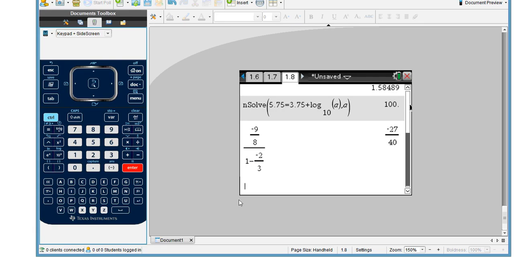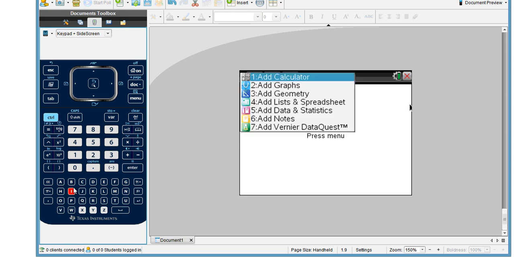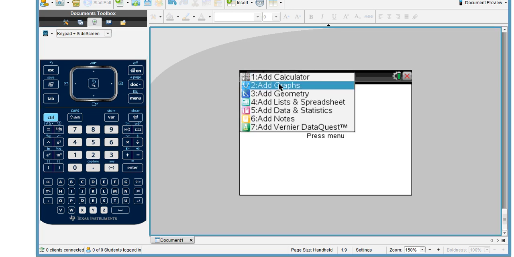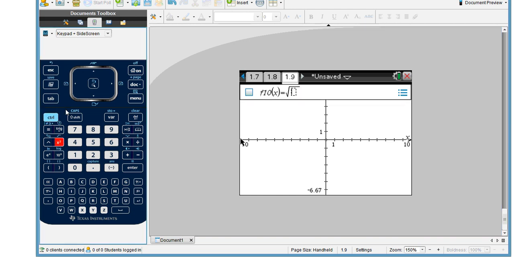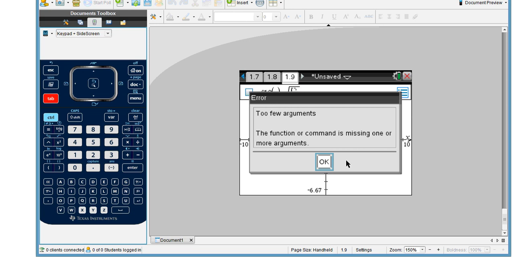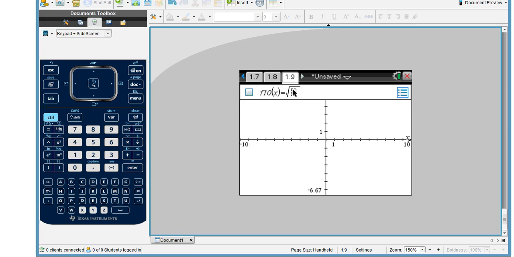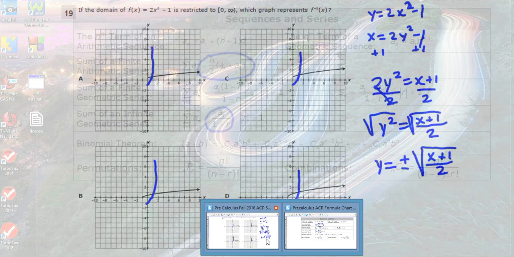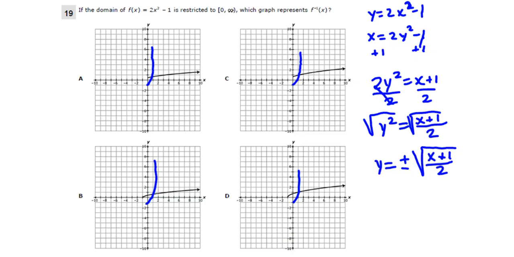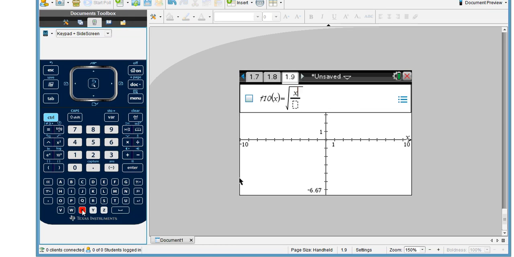So if we just go to our calculator, okay, Control I. We say it was (x plus 1) over 2, (x plus 1) over 2.